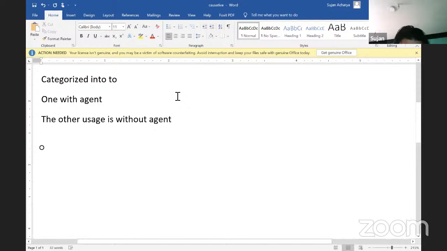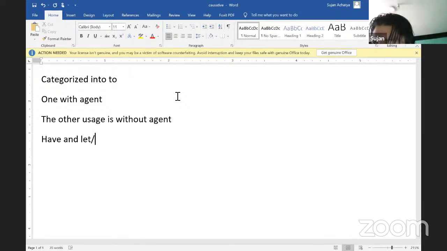Especially the verbs have and let can be used with agent or without agent, with object also. The rest of the verbs are used either with only agent or with only object. But before that, let's go through an example. First, let's start with the verb make.